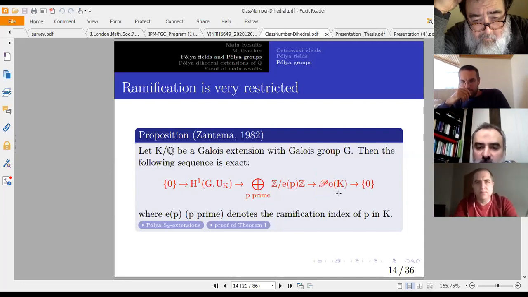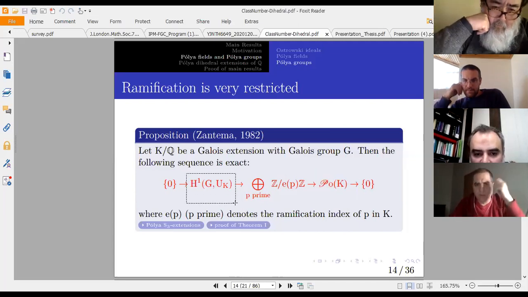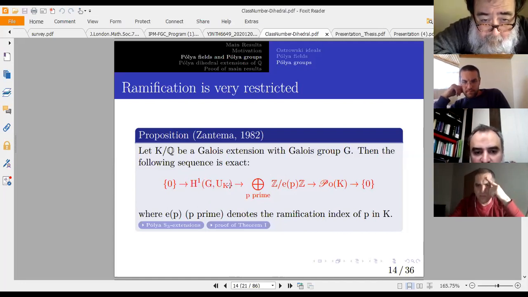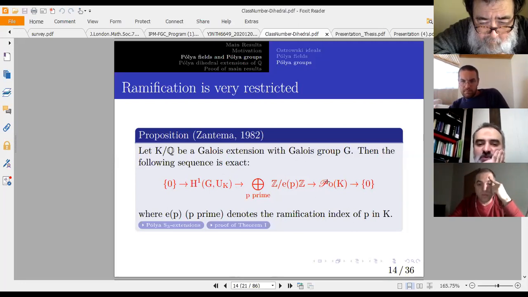So in this exact sequence you see something about the class group, but you also see something about the units. It is hidden in this because this is a Galois cohomology, and the coefficients of this cohomology are the units of the number field. So again, you see that the units and the class group are tied together in a nice exact sequence, where the middle term tells you something about the ramification.